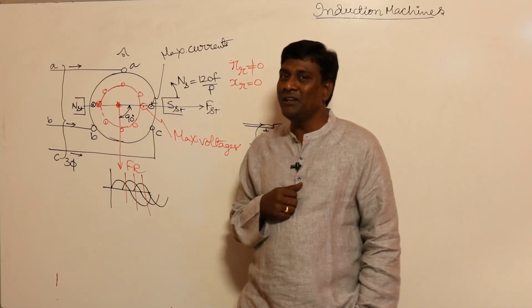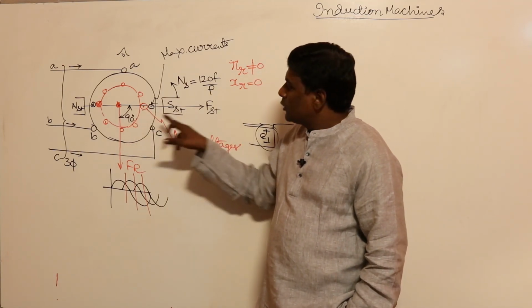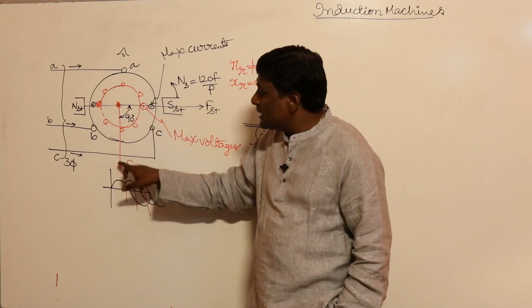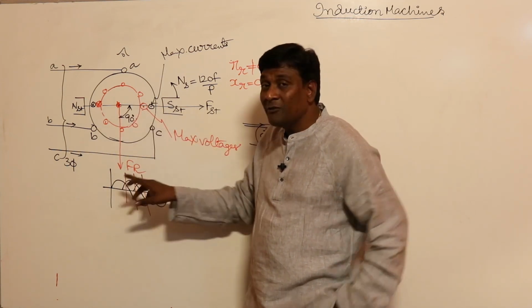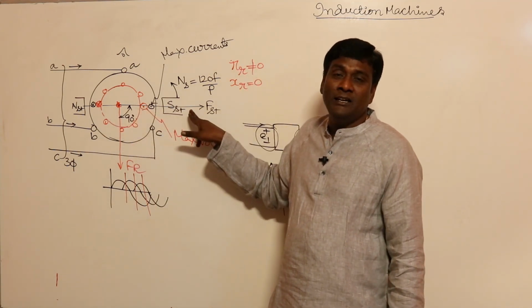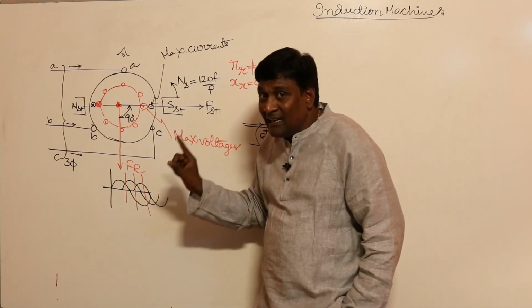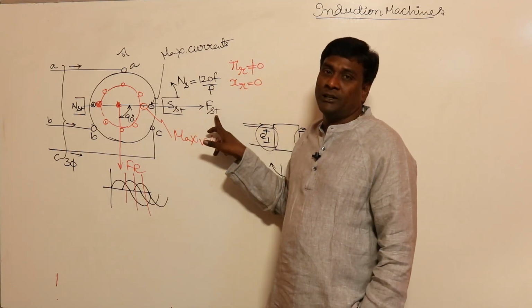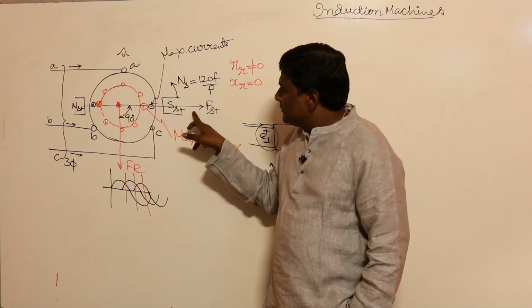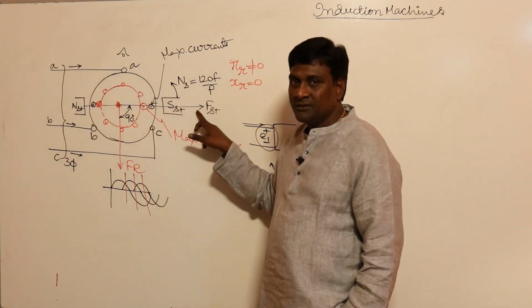But here the resultant will not come because, for example, stator MMF is there, rotor MMF is there, but that rotor MMF or rotor ampere turns or rotor flux will be automatically killed, and again only stator flux will be there in the air gap. Armature reaction is not there. So my resultant MMF or resultant flux is going to be this only. For example, load is not there, this is going to be the flux.